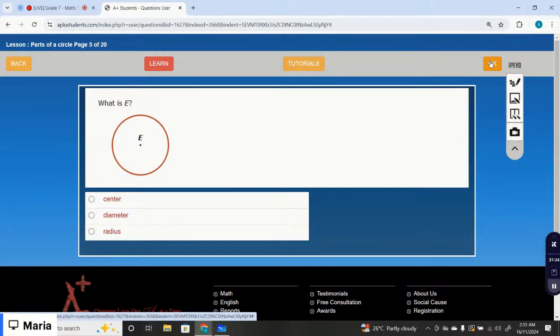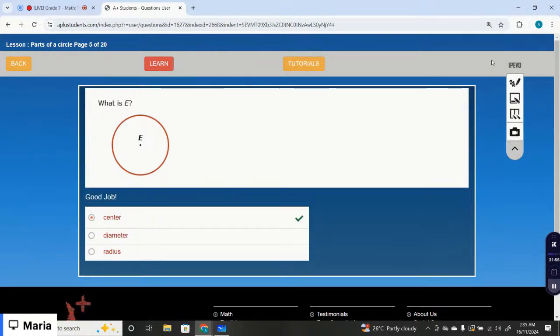What is E? E is the center of the circle. The correct option is center. Option number 1 is the correct option.